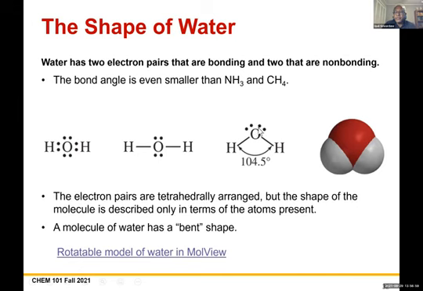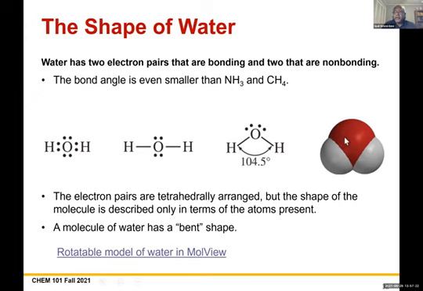But these 2 lone pairs of electrons have more pushing power than the OH bonding electrons. Therefore, it squeezes the 109 angle even further than in the ammonia molecule.